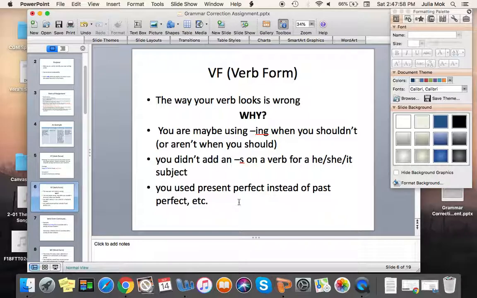But the idea here is that the time frame is correct. So if you're talking about the past, your verb looks like it belongs in the past. If you're talking about the present, your verb looks like it belongs in the present. But how the verb actually looks on the page, the form of the verb is not quite correct.